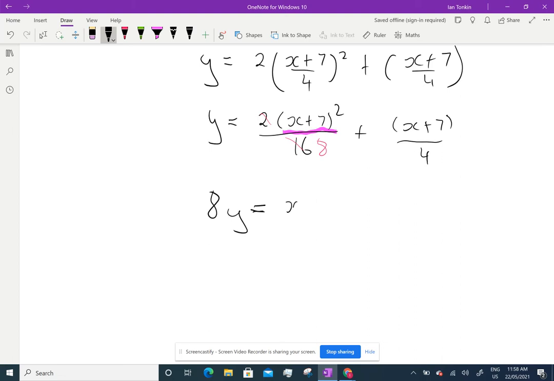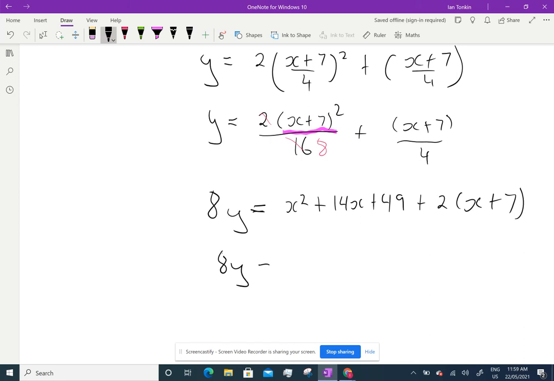So it gives me x squared plus 14x plus 49. And here I multiplied by 8, so this is going to become 2 outside of x plus 7, because if I multiply by 8, I'm going to have 2 of those.